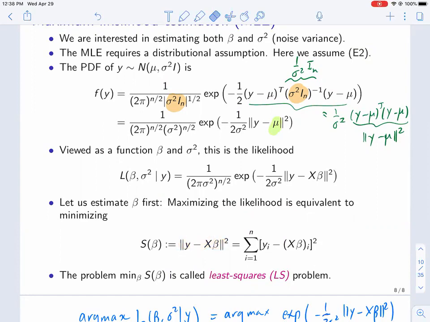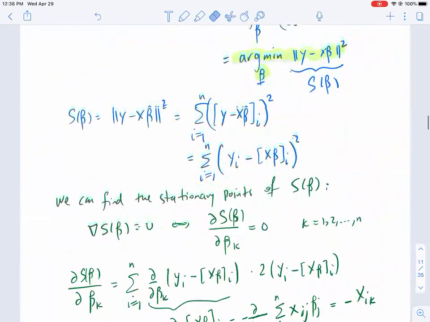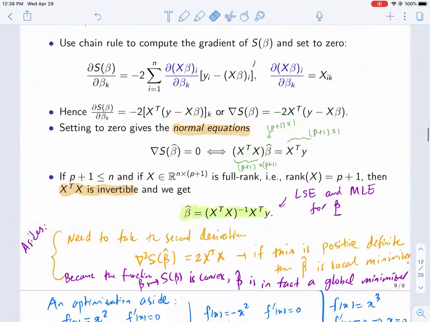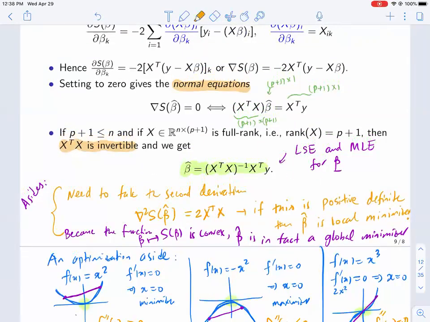There was a solution to this, which we got by taking the derivative, and so it led to these normal equations whose solution is this guy.